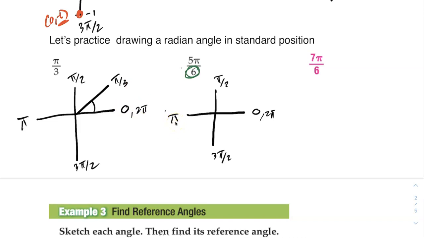So we're going to make it 6 over 6. 6 over 6 is still 1 pi. Now remember, when you draw an angle, if it's positive, you go up. So we're going this way. Well, I haven't got to 6 over 6 yet. We're at 5 pi over 6. We're a little short. So we're right here, in the quadrant right before. So 5 pi over 6 would be over here. That's the angle from our starting point to where we get.